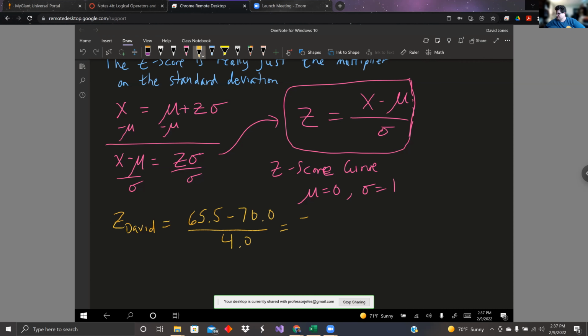That gets me negative 4.5 divided by 4.0. And if I do that in my calculator, I get negative 1.125.